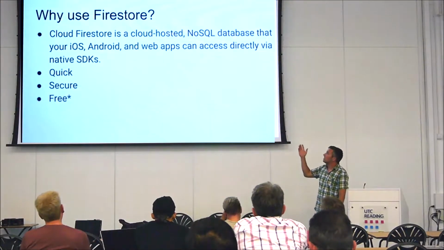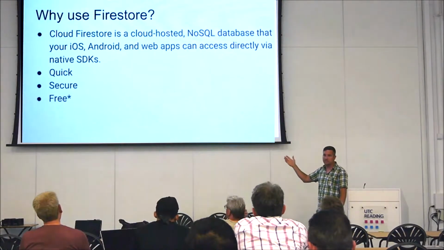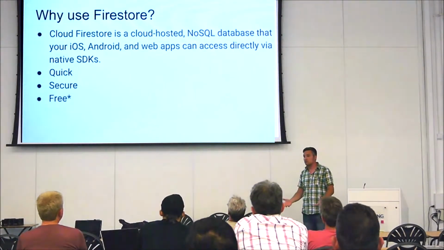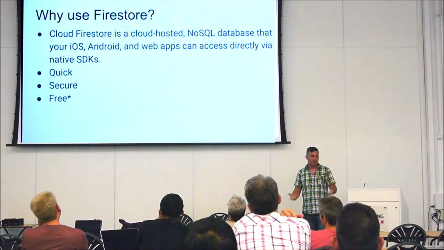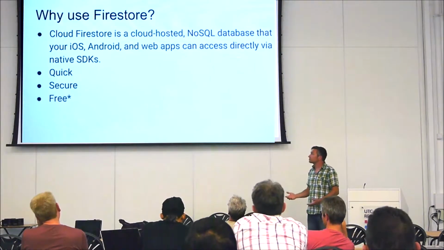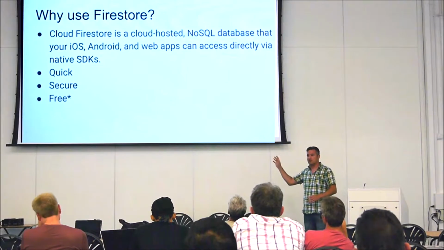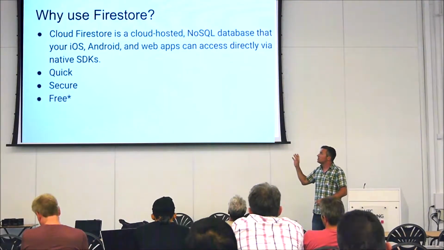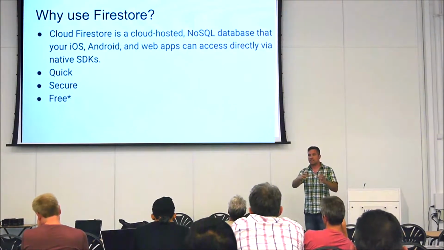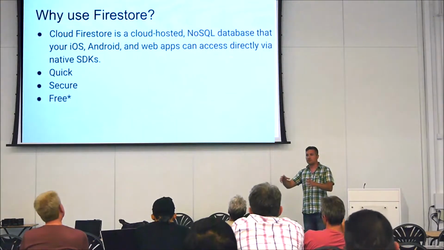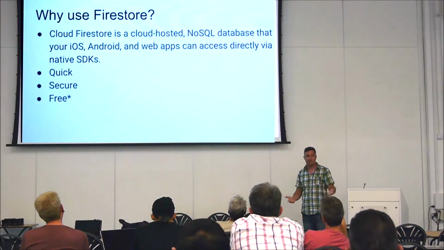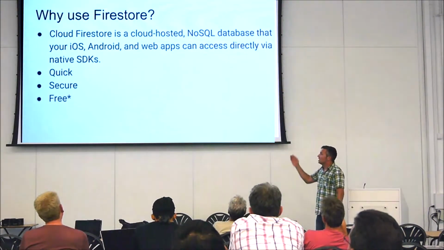It's a NoSQL database. That means that you don't have to write SQL queries like we would with MySQL or Microsoft SQL. It's all done in the code. I'll show you an example in a bit, where you literally just get a reference to the collection, get a reference to the documents inside that, and you can just get access to the data in code. It's really quite simple.